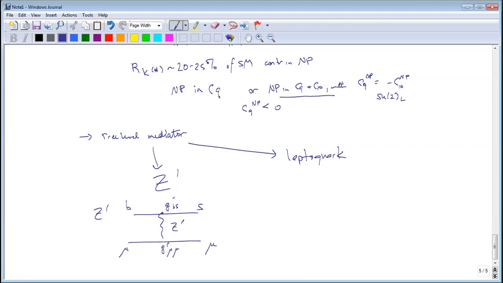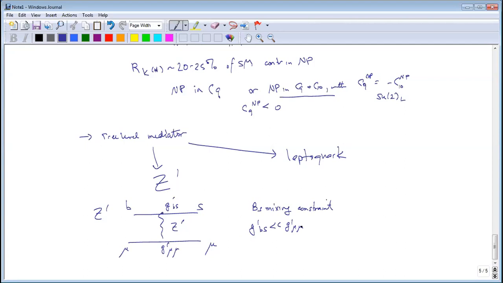So generally, because of this Bs mixing constraint, you're going to want g' bs much less than g' mu.